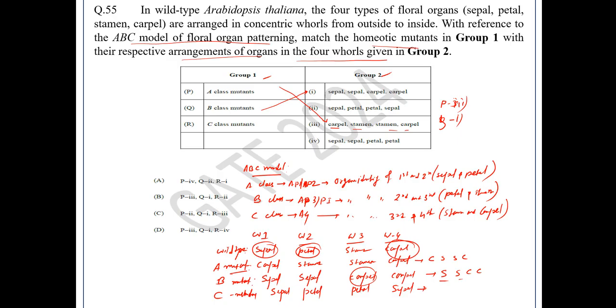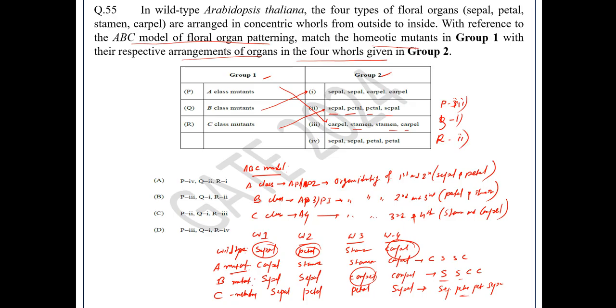So the pattern becomes sepal, petal, petal, and sepal. So definitely the C class mutant matches with 2. So R matches with 2.